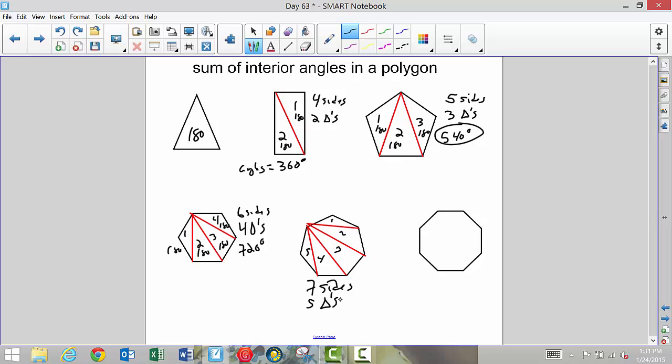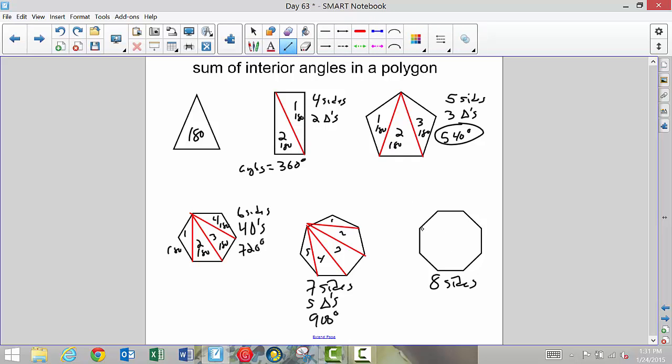So with 5 triangles, each triangle is 180, so I do 5 times 180, and I get 900 degrees. So I know that in a 7-sided polygon, or a septagon, my interior angles are going to be 900 degrees.